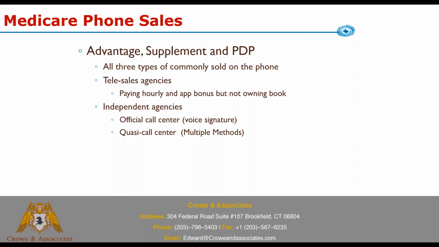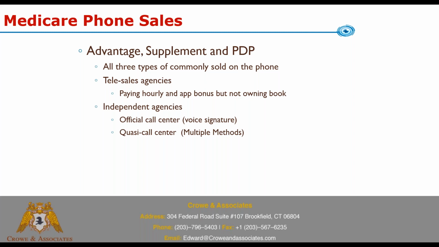But anyhow, the ways, the setups you see for this, you'll see a true telesales agency, and by true telesales I mean they're an official Medicare call center. We'll talk about that a little more in a bit, but there's a bunch of big ones out there. What they usually do is have the entire setup.